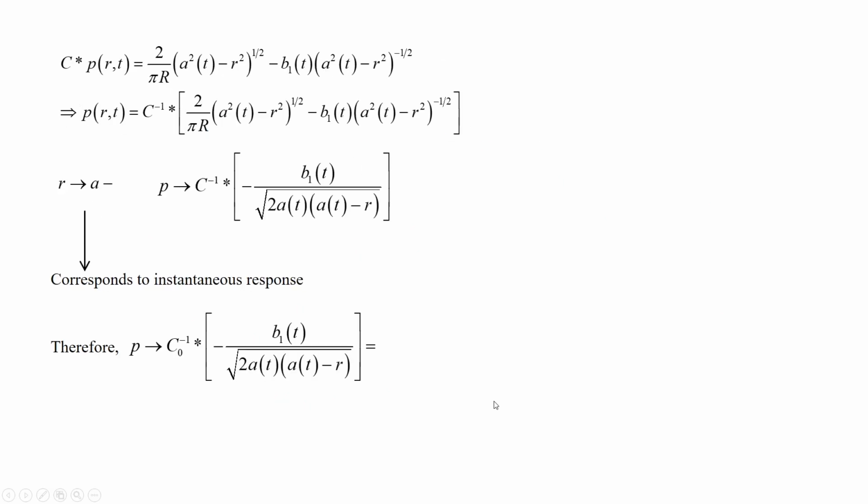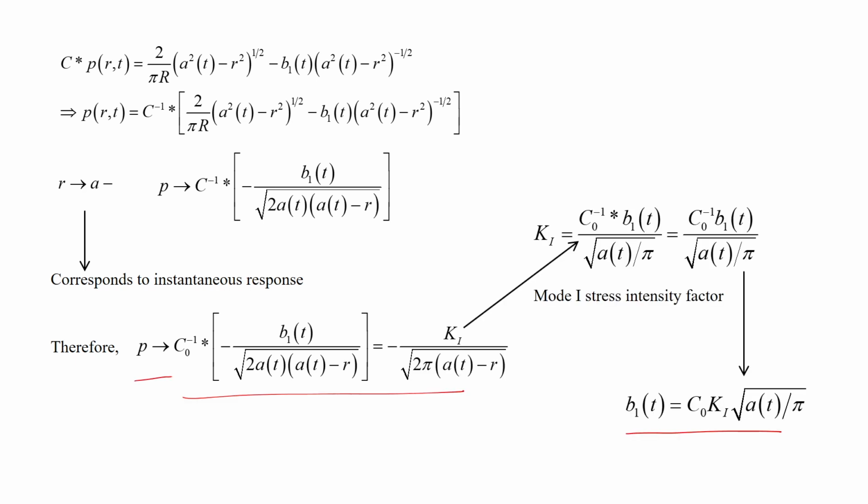So that's the relation of this stress intensity factor over here. So therefore, as I said, this stress into this convolution can be written in the inverse form also. So we can do that.